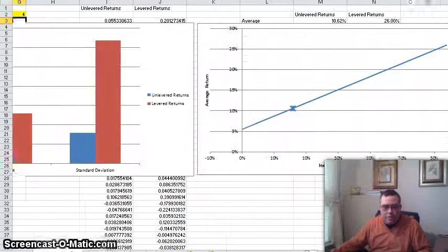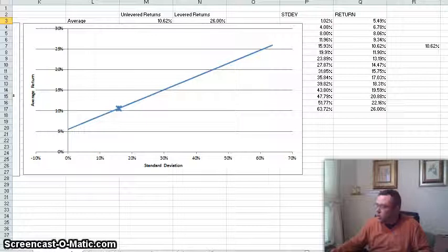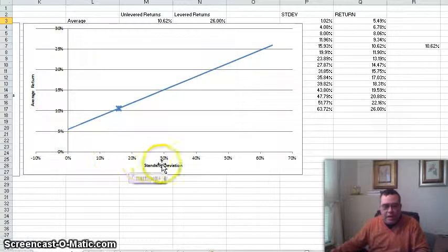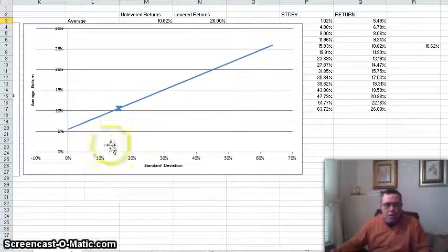So we're looking at these same 2 variables here, average and standard deviation. But what I've done is I've varied our leverage and seen what happens if I take on more standard deviation, how much more return do I get? If I take on less standard deviation, how much less return do I get? I've done this for a whole bunch of different leverage ratios and then graphed it on a line, basically.